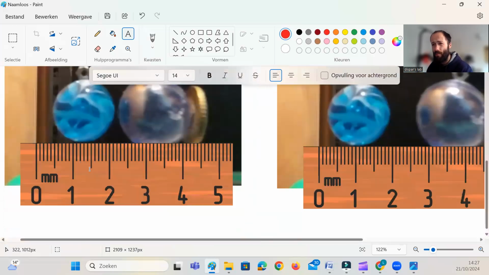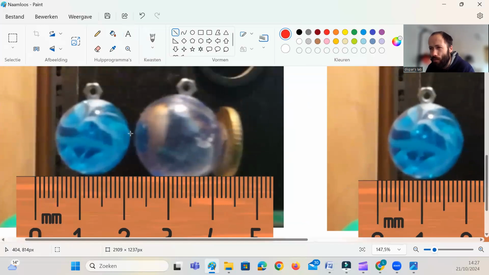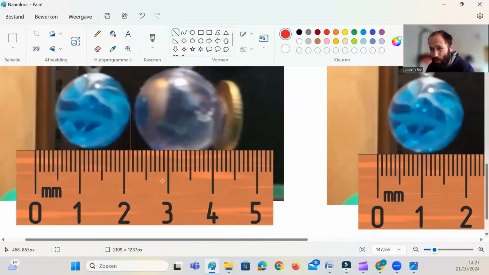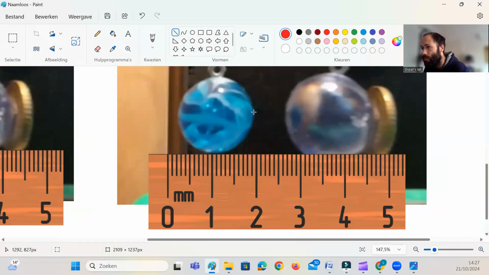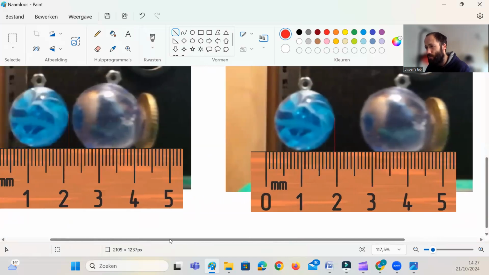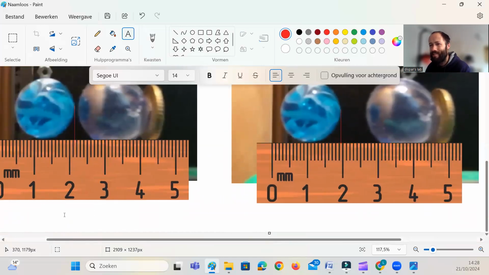And then after collision, 2.15, around 2.15. And then 1.95. What is that, 0.20? Around 2.15, right? Yeah.